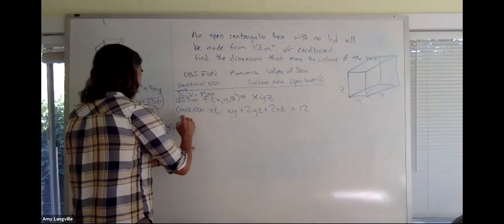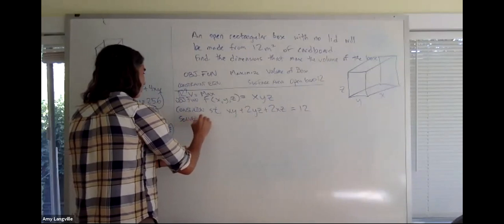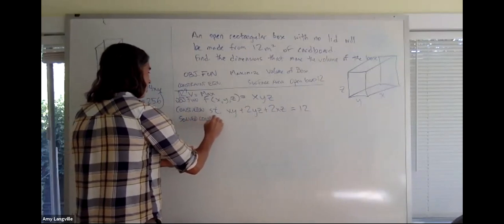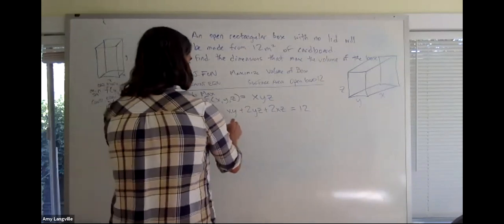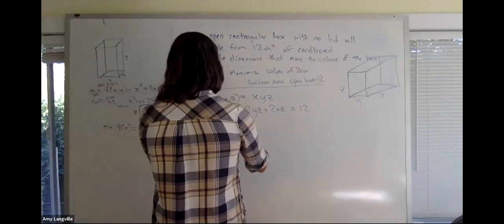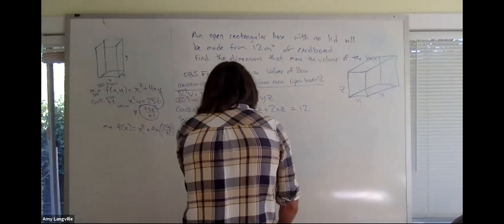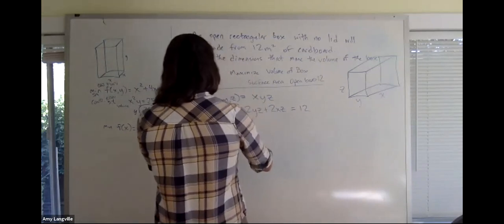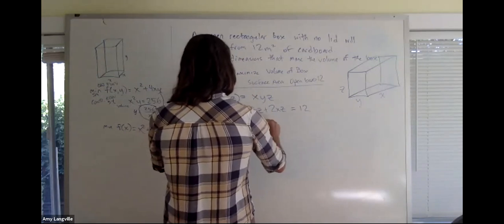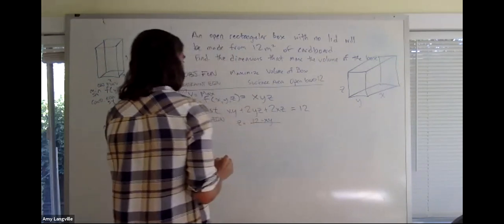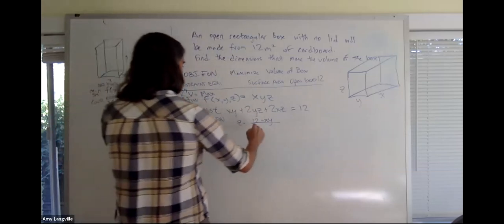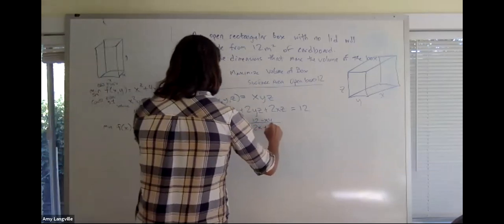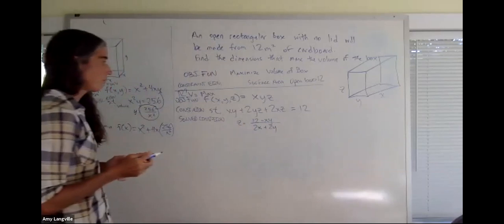So let's take this constraint equation and we'll do what's called a solved constraint equation. And we're going to solve for z. So z is equal to 12 minus xy divided by 2x plus 2y. Yeah.